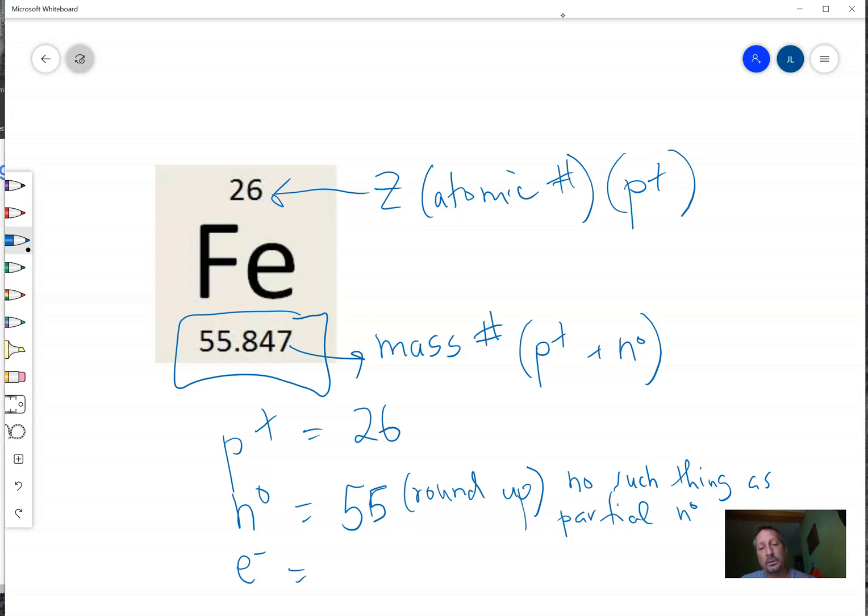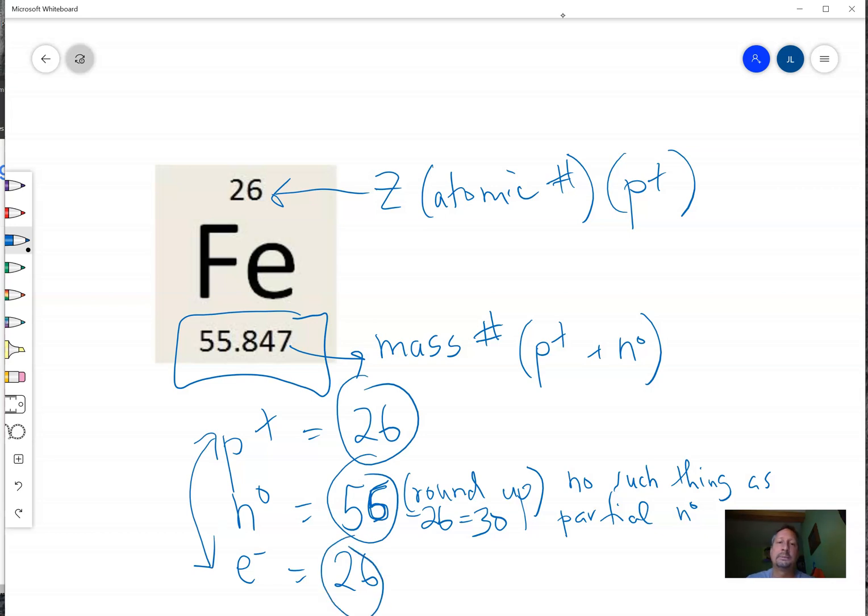So here we're going to round it up to 56. You're going to subtract the 26, and you get 56 minus 26, 30. Did you get what I got? 30. Now, electrons equals that 26. These equal each other. So 26, 30, and 26.